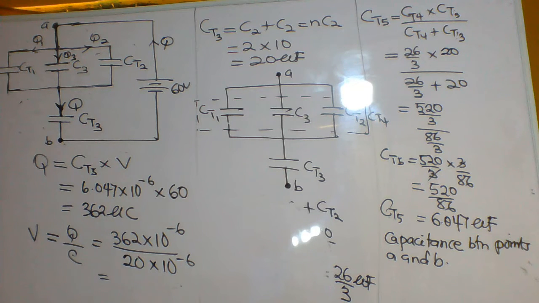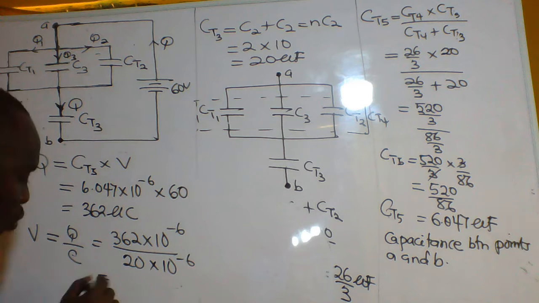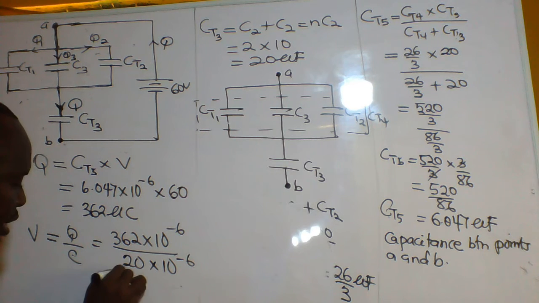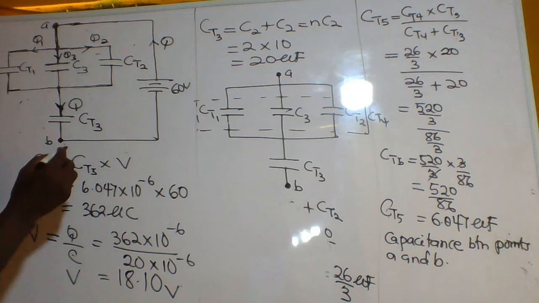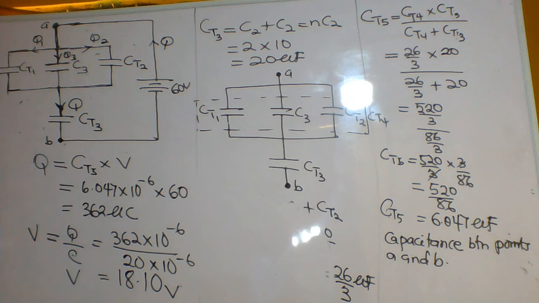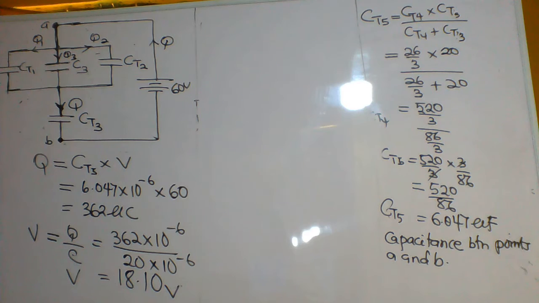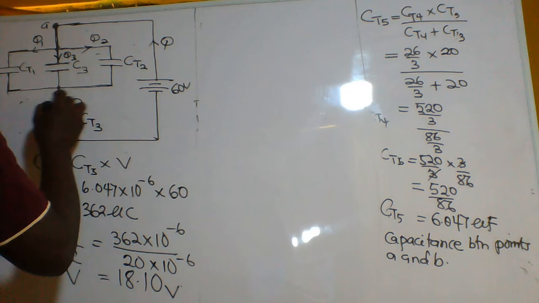So here we have 362 divided by 20, and that gives us 18.10 volts, meaning the voltage drop across this is 18.10.